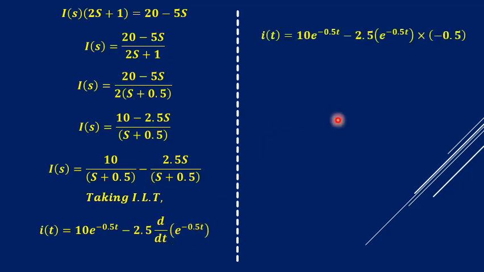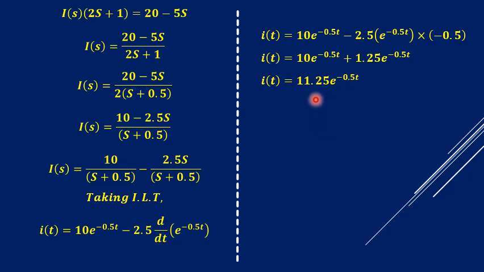So when you differentiate, e power minus 0.5 t will be e power minus 0.5 t into minus 0.5. Hope you all agree with this. And when you multiply this with 2.5, you will get plus 1.25, and e power minus 0.5 t is common.